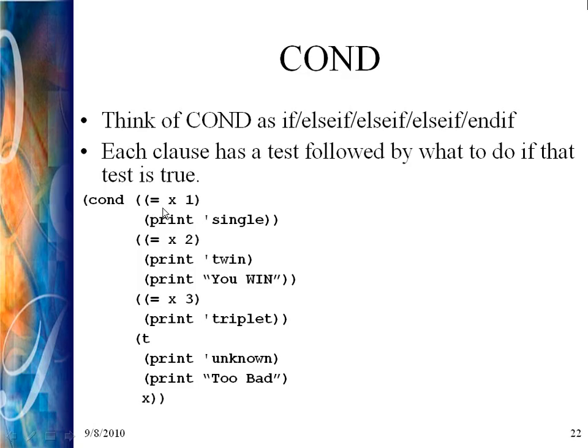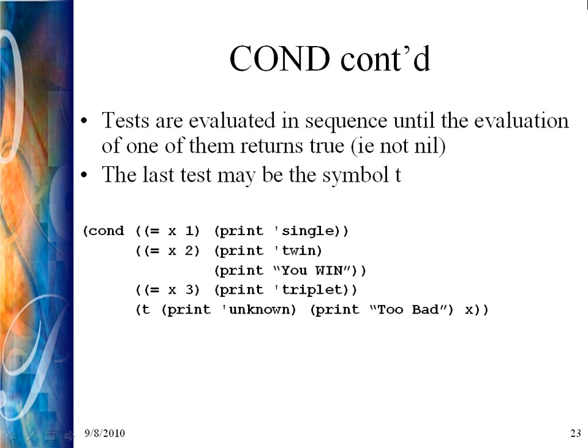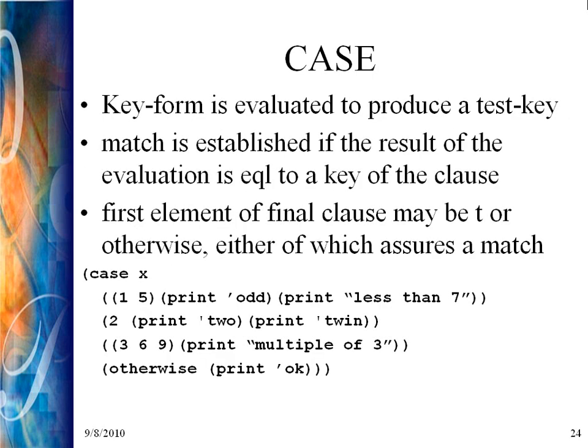So that's cond. This is just a repeat of cond, and there's another compound conditional called case. So here you have a form which is evaluated, and so it has a value, say x has the value 3.